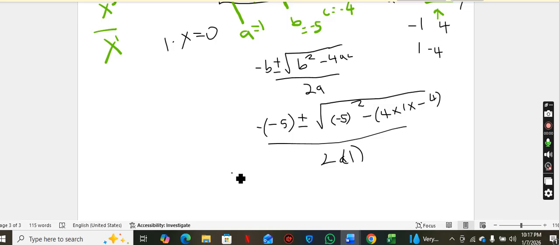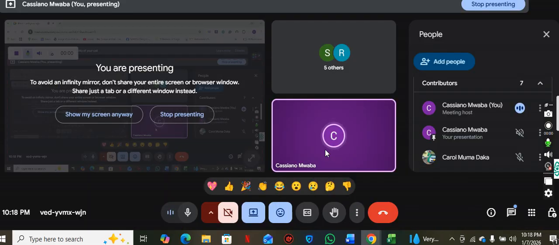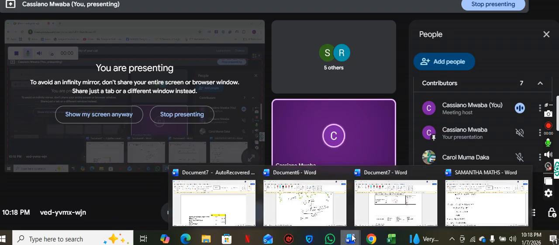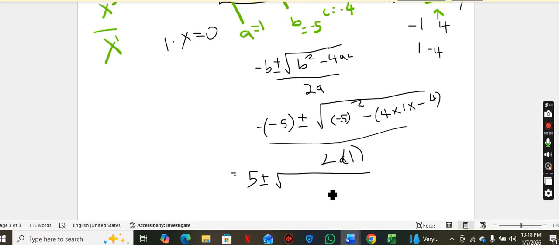So negative and negative make positive, so 5 plus or minus the square root of. Okay, I hope you are not regretting taking maths. Colleagues, are we enjoying the mathematics? I hope no one is saying, why did I do this course? Once you enjoy mathematics, it becomes easy, but once you tell yourself mathematics, no, this will start looking scary.